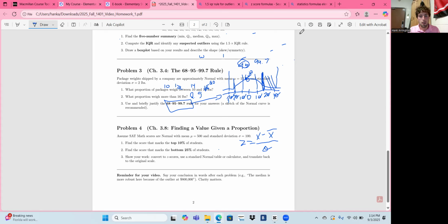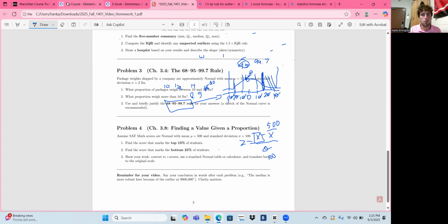And to find the top 10%, we need to find a z-score that we can plug in. We know the mean of this data is 500, so we can plug in 500 here. We know standard deviation is 100. And we're trying to find this value.